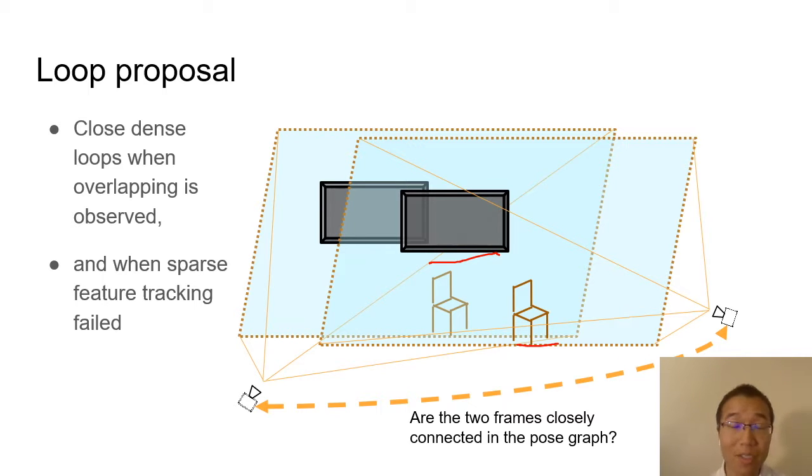But sometimes users may scan the same place multiple times. How do we differentiate these types of scans from loops? We are using a visibility graph.